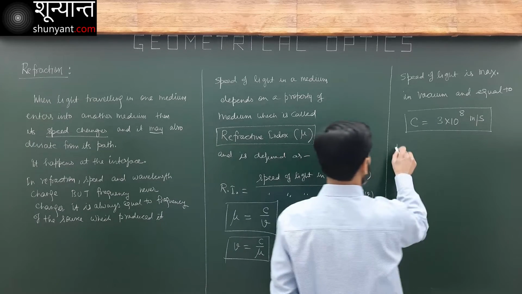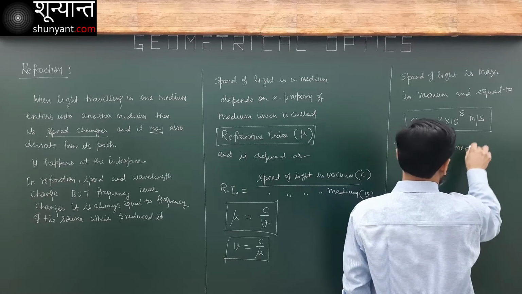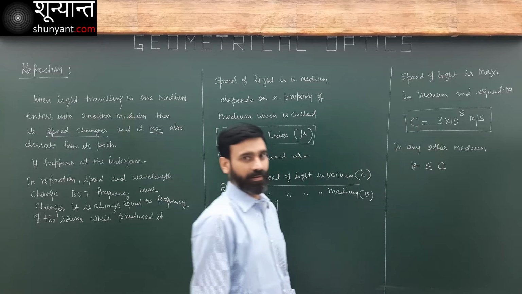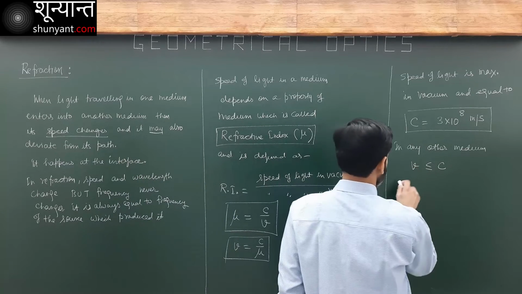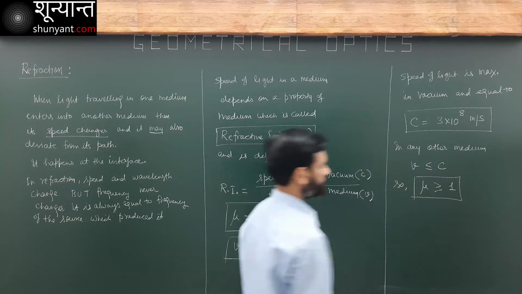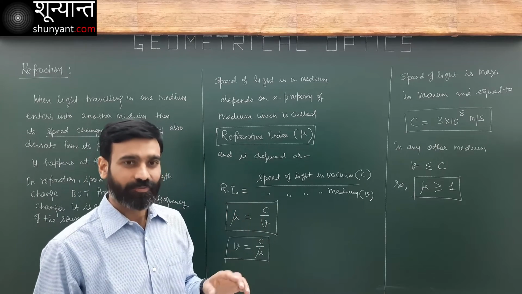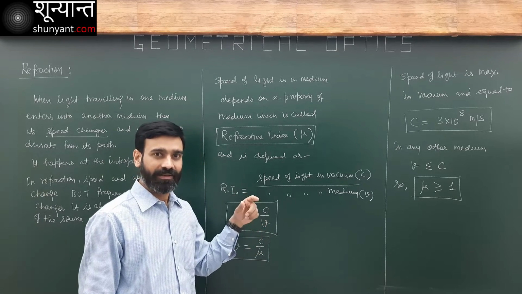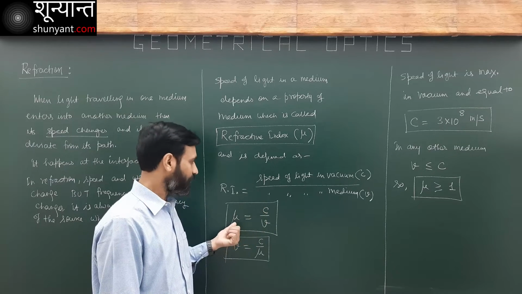In any other medium, V is always less than or equal to C. So mu is always more than or equal to 1. That means the refractive index of any medium is always going to be more than 1, because this is maximum. In any other medium, the speed is always going to be less than the speed in vacuum.